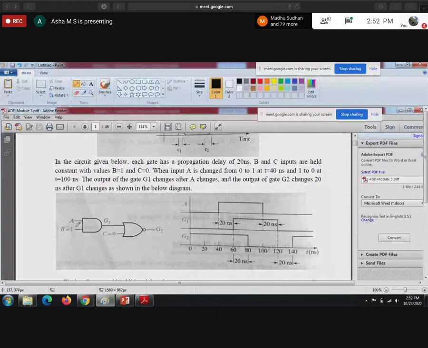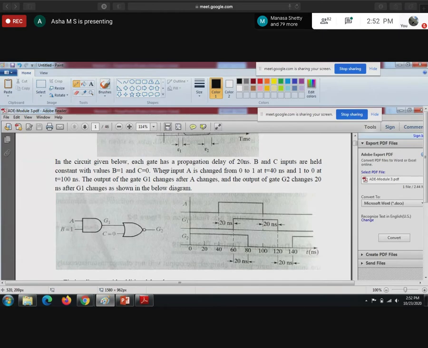There are three inputs A, B, C. B is kept constant at 1, C is kept constant at 0, and I am just going to change the value of A here.